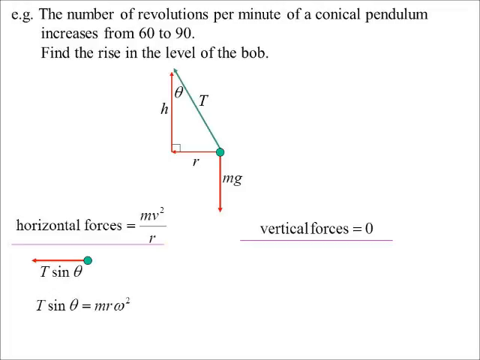So T sine theta is mr omega squared. Vertically, T cos theta is mg. And so I get tan theta is r omega squared on g, but looking at the dimensions of my cone, I know tan theta is r on h. So r omega squared on g is r on h. There's our h is g on omega squared.